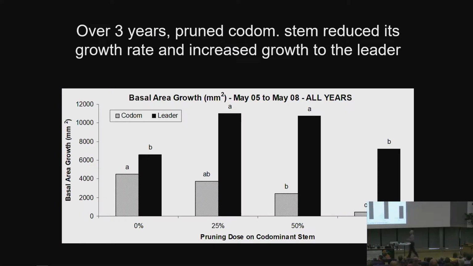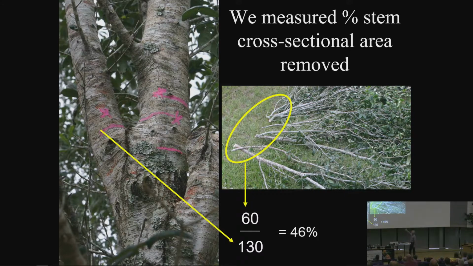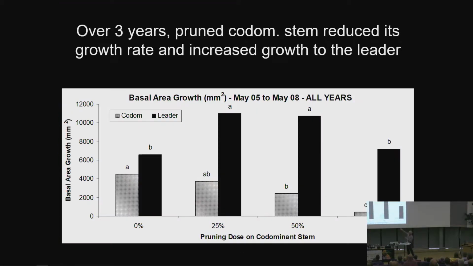So 3 years later, I think this was 3 years later, yeah. What you're looking at is basal area growth, so cross-sectional area growth in the pruned side and the unpruned side. I lined it up in the same position.